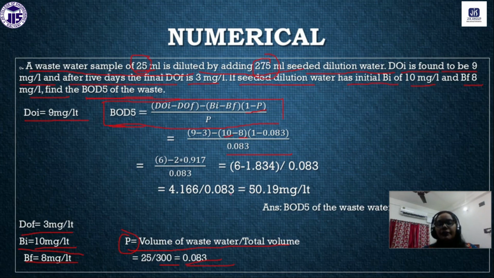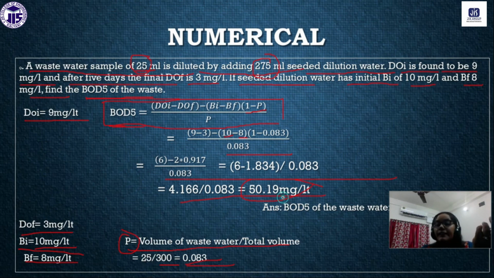If you solve this problem, very easy problem, all the data are given, only you have to put the data. Understand? In this equation, only you have to check which equation you have to use, the simple BOD test equation or the modified BOD test equation. That only you have to understand.